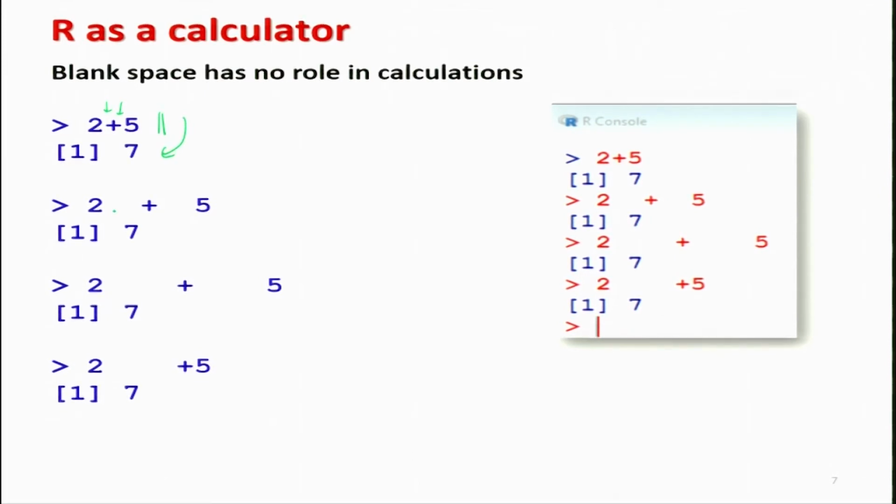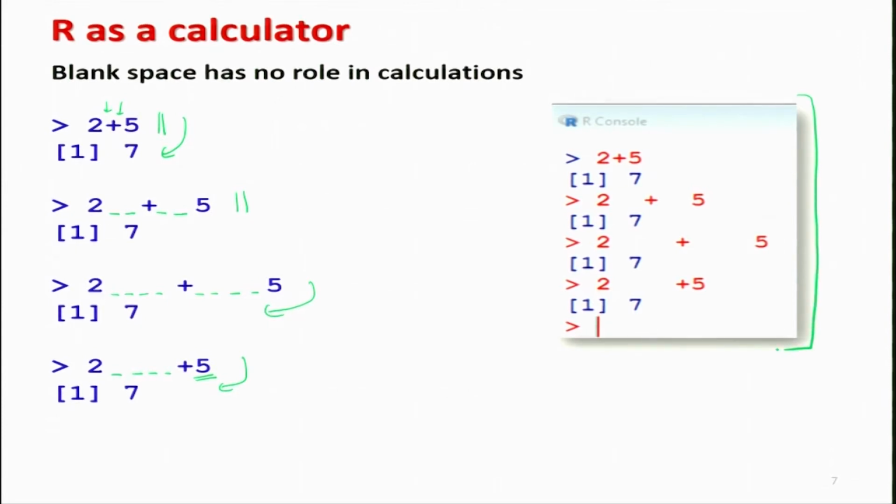And if you give a blank space here and here, the answer is still 2 plus 5, which is 7. Even if you increase the blank space after and before the plus symbol, the answer is still 7. And even if you have more space on the left hand side of the operator and no space on the right hand side, the answer is still the same 7. And this is the screenshot.